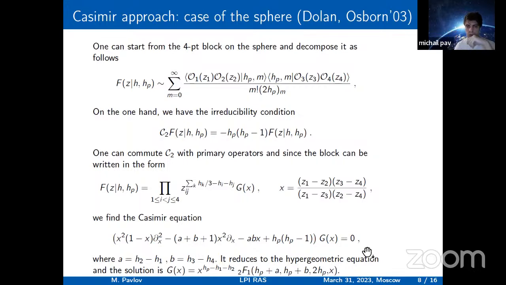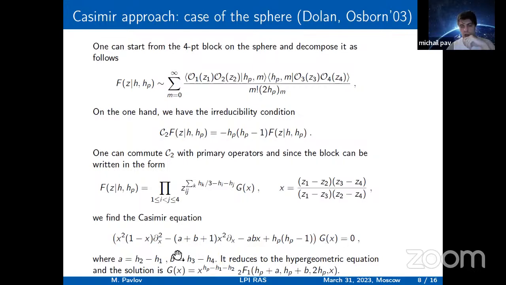So within this Casimir approach, which is basically to insert the Casimir operator here and then commute in order to obtain this differential operator, doing that we can obtain the differential equation for function g.